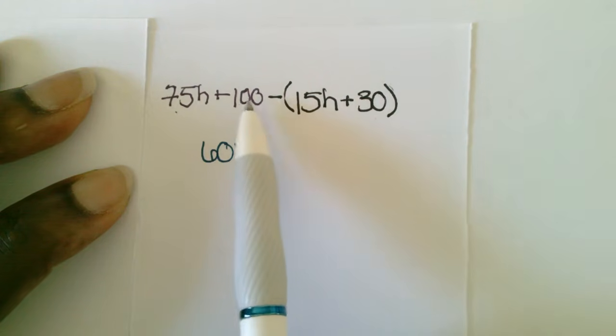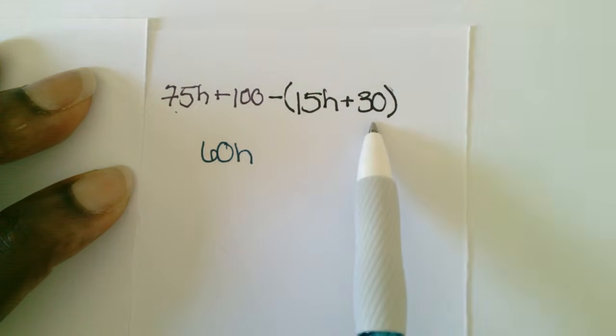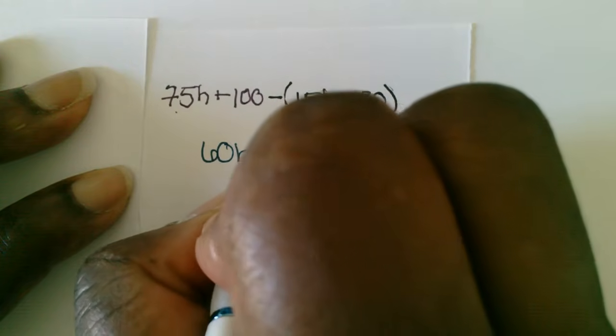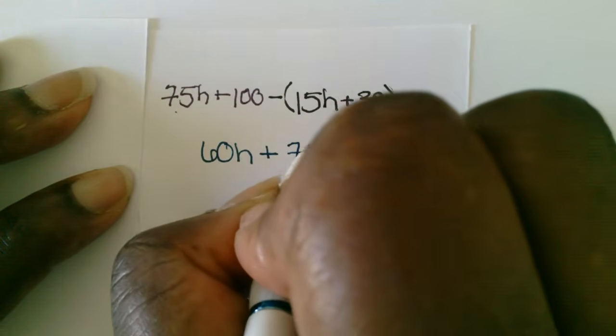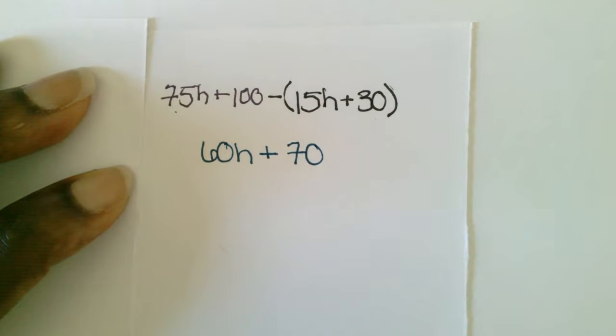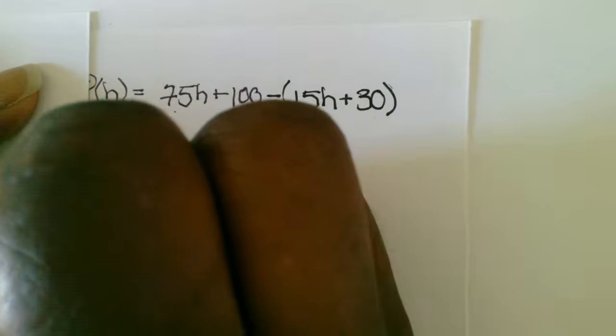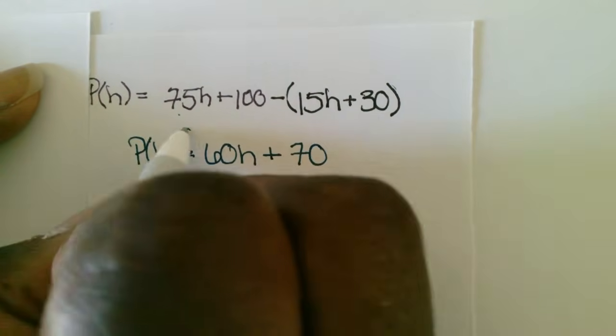We're doing 100 minus the 30. There we go, John. All right, so that gives us a positive 70. Right? So that means the expression that they're looking for to represent the profit is going to be this.